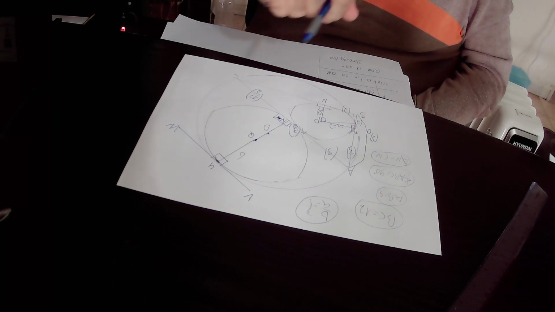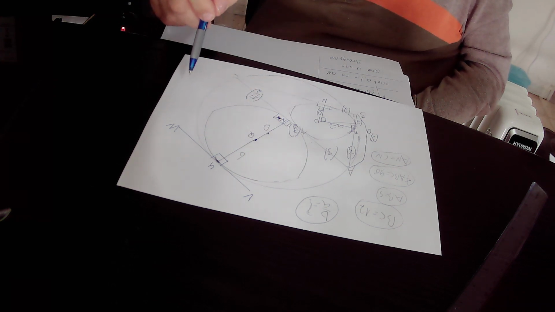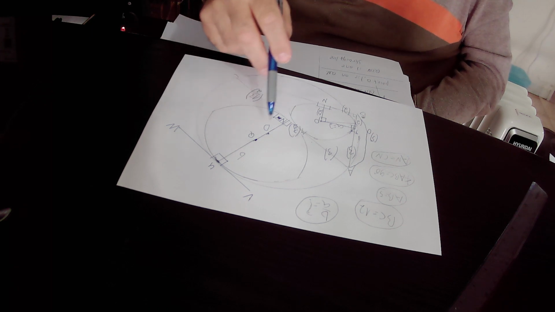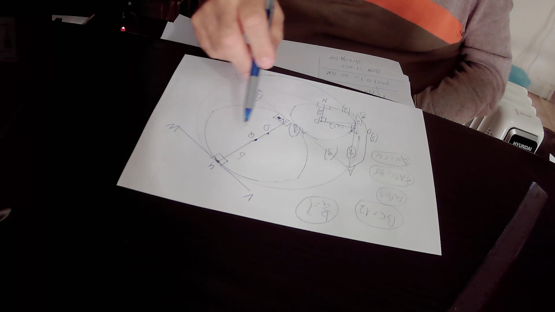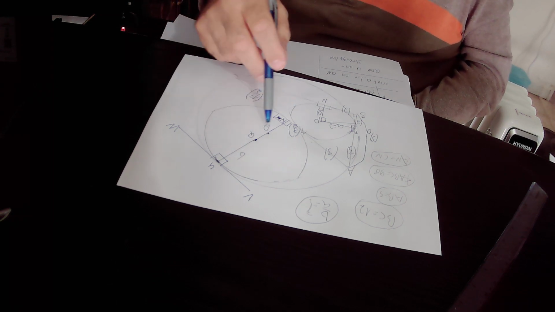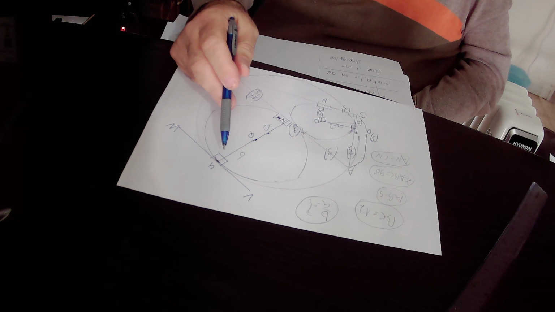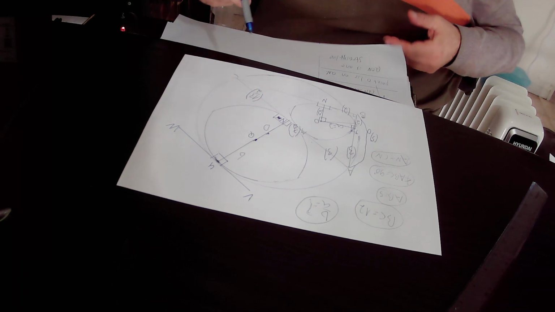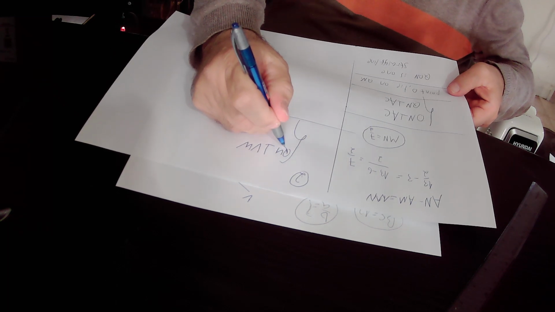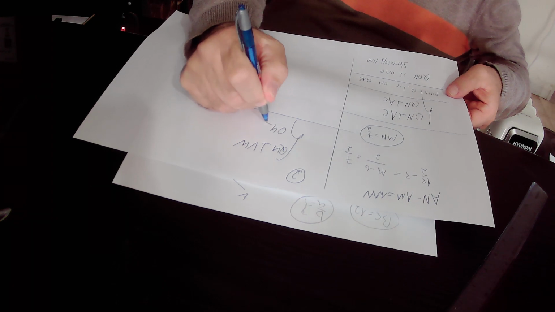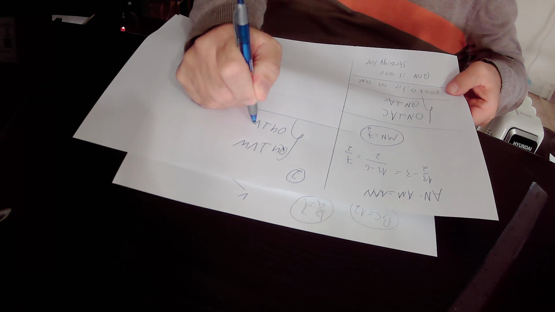Whenever you have a radius drawn to the point of tangency, tangent VW will be perpendicular to the radius UO. This means this angle equals 90 degrees and this angle equals 90 degrees. So I can write down that OU is also perpendicular to VW. The radius OU is perpendicular to tangent VW also.